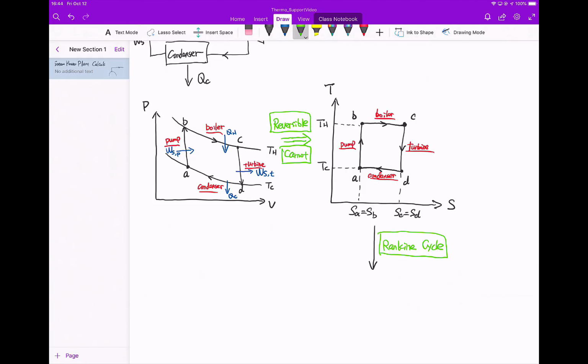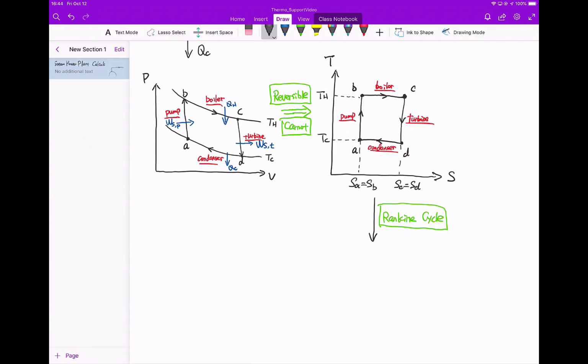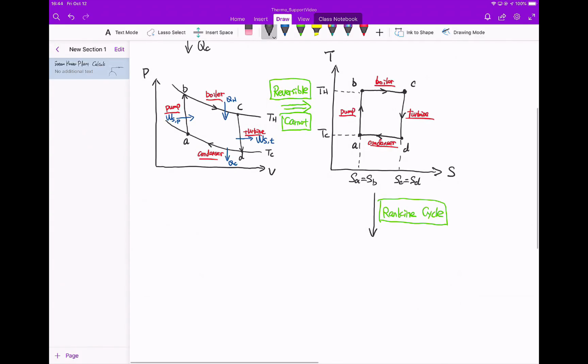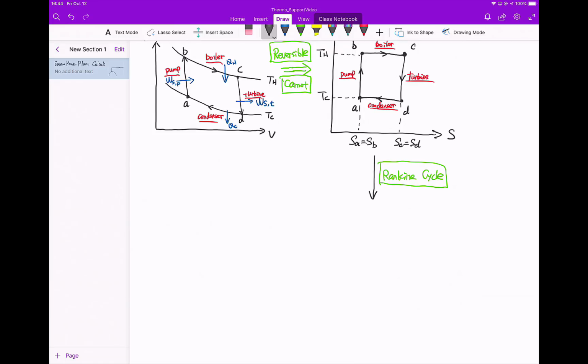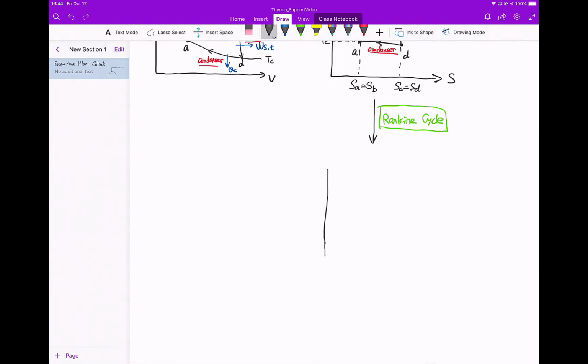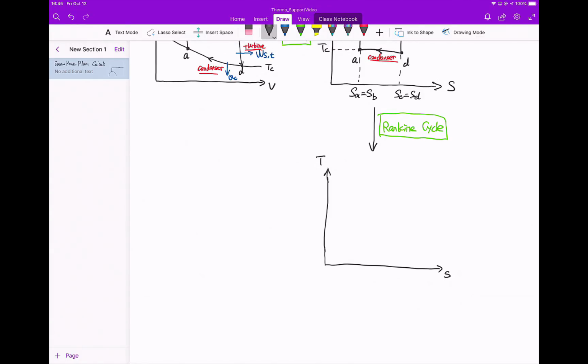And the idea is basically looking at the point C and state A. So now if I have this as the slightly modified TS diagram, then let's try to copy this A, B, C, D over here.